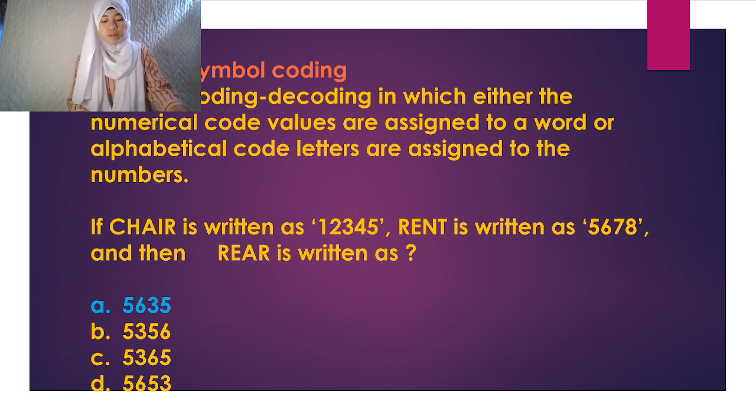The question is: if CHAIR is written as 1, 2, 3, 4, 5 and RENT is written as 5, 6, 7, 8, then RARE is written as A) 5, 6, 3, 5, B) 5, 3, 5, 6, C) 5, 3, 6, 5, D) 5, 6, 5, 3.